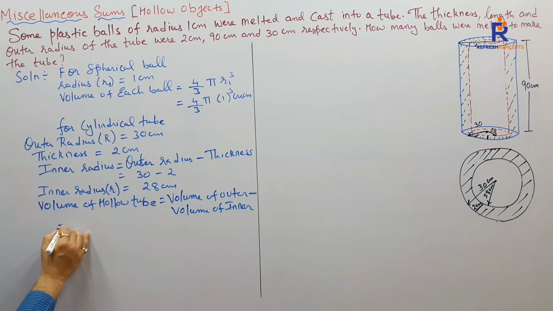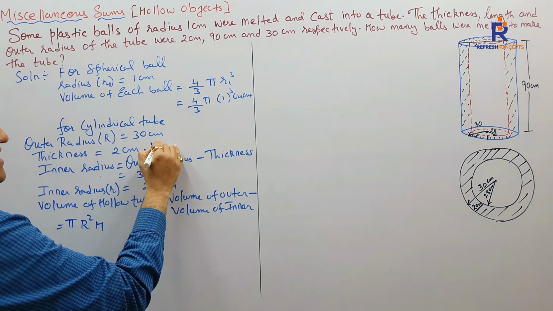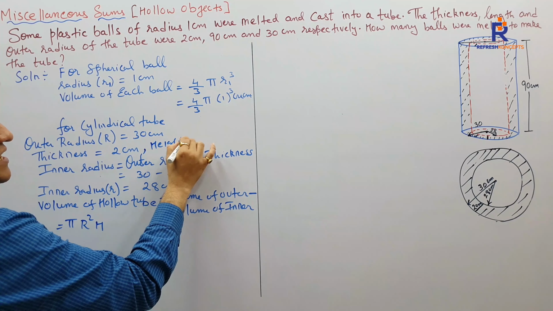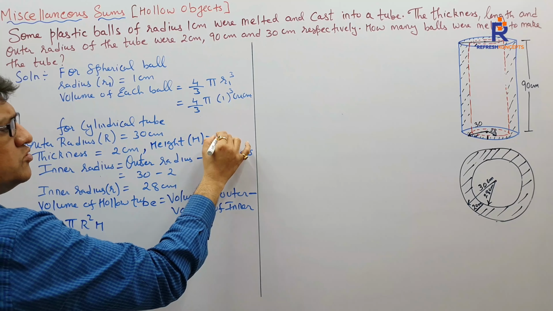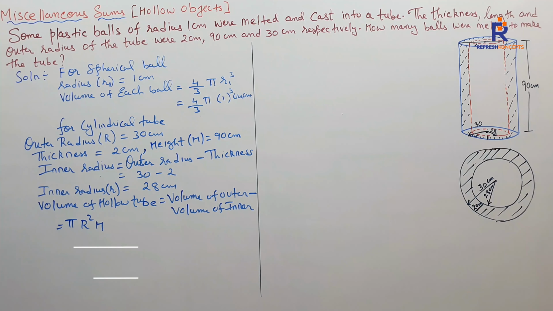What is the volume of outer cylinder, children? Pi R square h. I forgot to mention h. I'll just write it over here. Height h is equal to 90 centimeter.